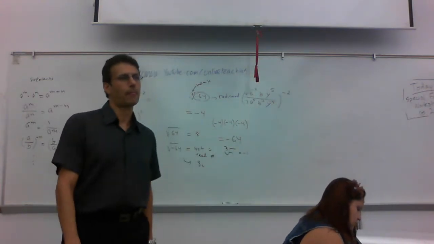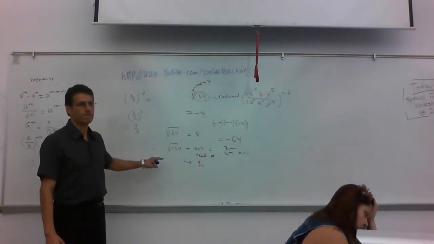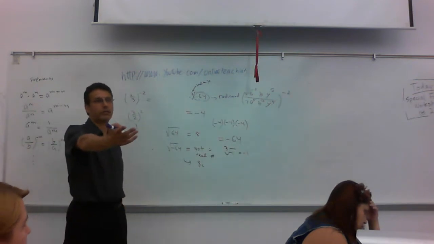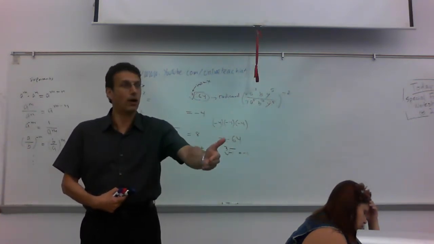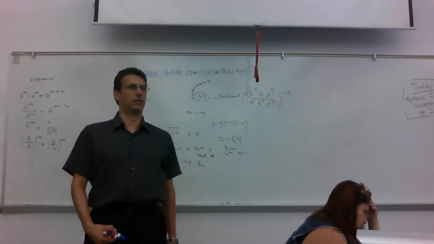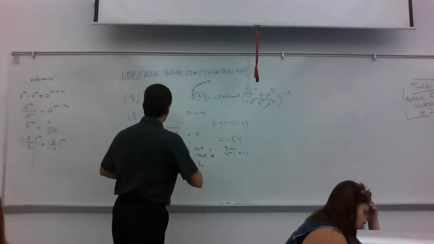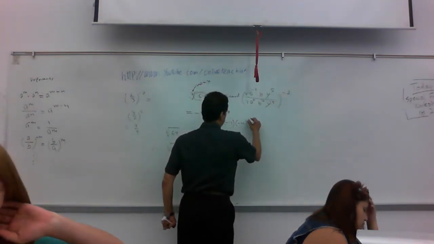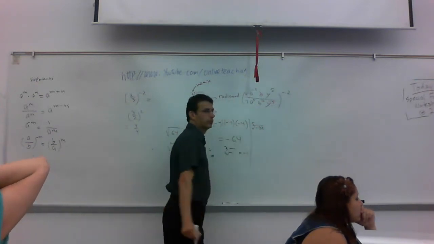Go ahead, please. So because it's an odd number, it's not 4i? No, just absolutely negative 4. And here's a simple reason. Negative 4 times negative 4 is positive 16. Times negative 4 is negative 64. Does that make sense? Just to add that, for example, class, what is the fifth root of negative 32?